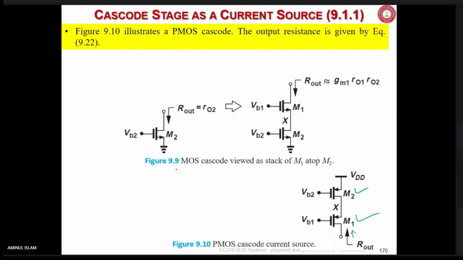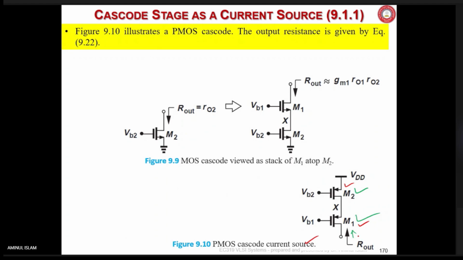In this figure, it is a PMOS cascade instead of an NMOS cascade. Here is a PMOS, and this is also a PMOS.